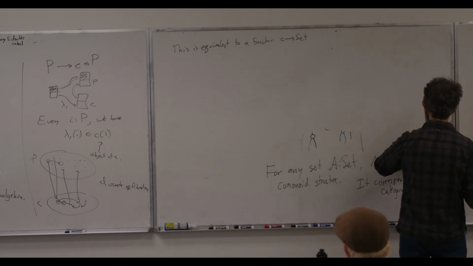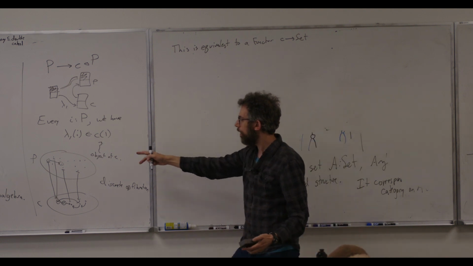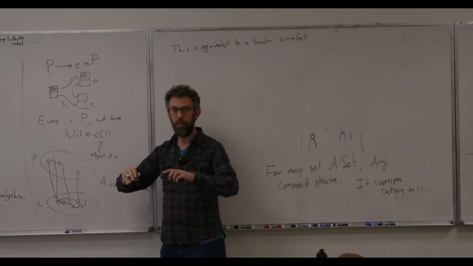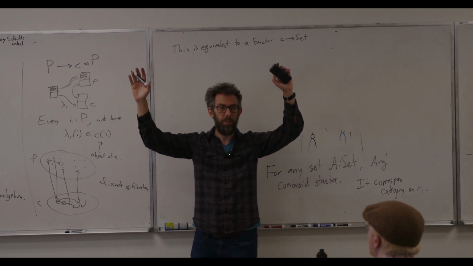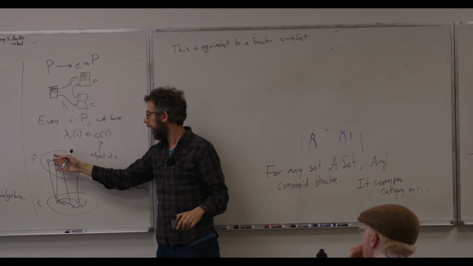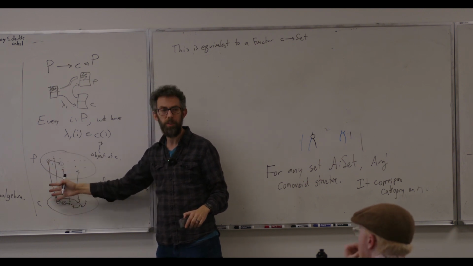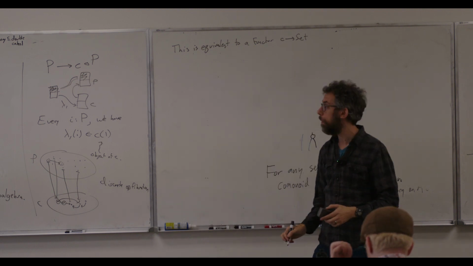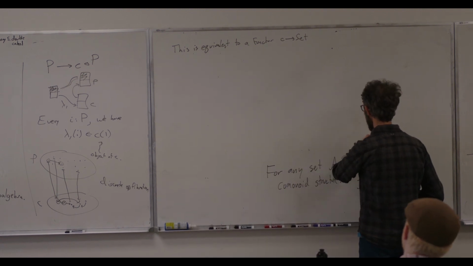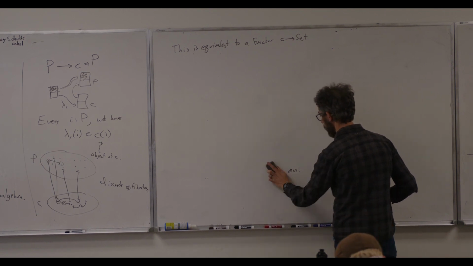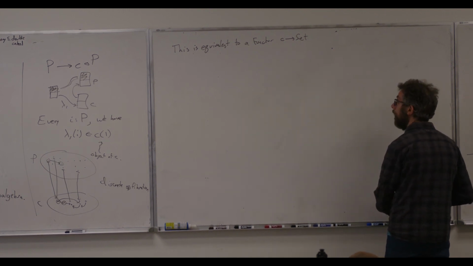So what's going on is that every object in P gets an object in C. So if I have an object in C, I can look at just all the elements that went to it. That's a set. And given a morphism in C, I get a morphism from all the elements that went to the first one to the set of all the elements that went to the second one. And then what is P?